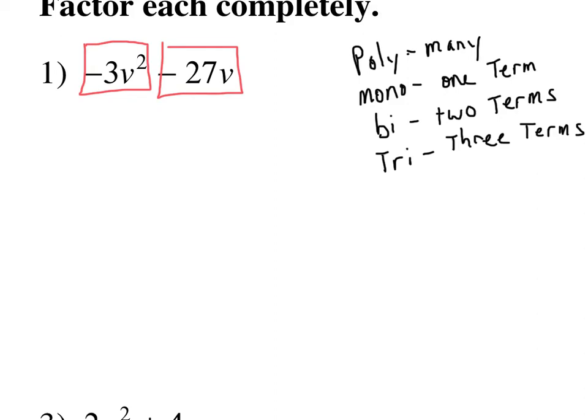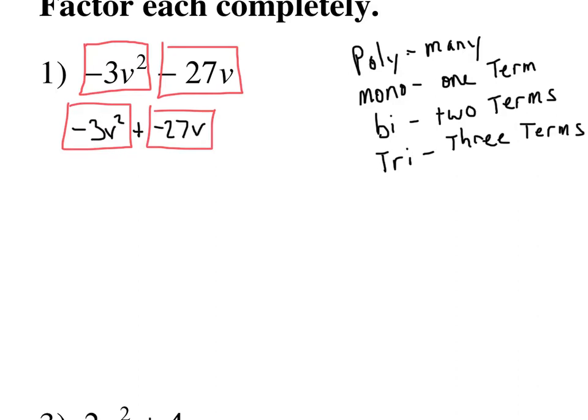And in this problem, this is actually a binomial because we have 2 terms. Okay, terms are separated by addition. Now you might be thinking, wait a minute, that has subtraction there. Well, actually, I could rewrite that as negative 3v squared plus a negative 27v. So again, there's my 2 terms separated by addition.